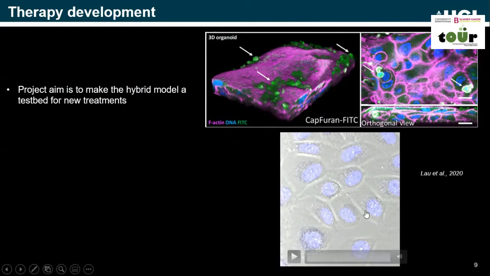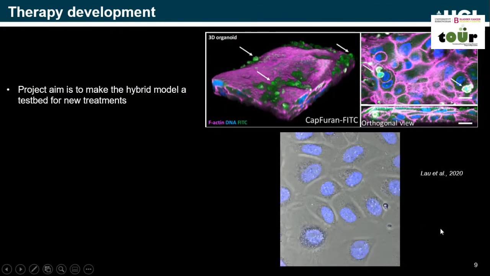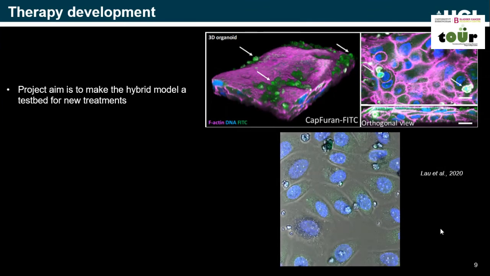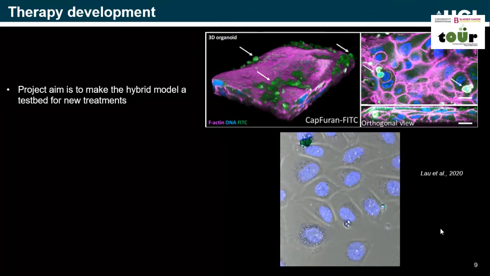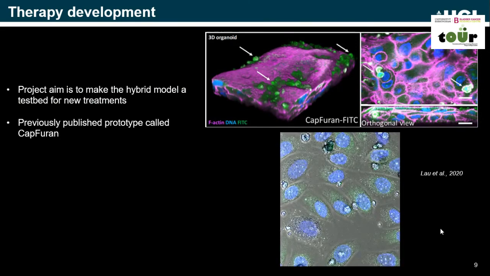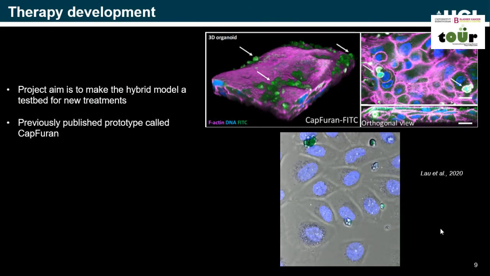Part of my aim is also for this hybrid model to be a test bed for new treatments. As a lab group, we previously published a prototype called Capvaran. This is a UTI treatment.